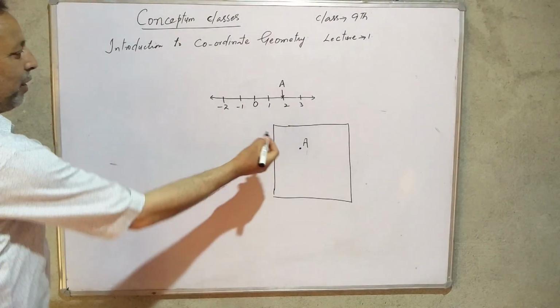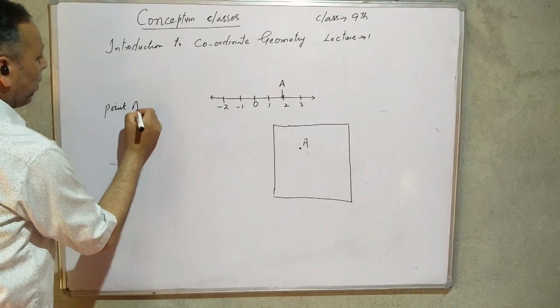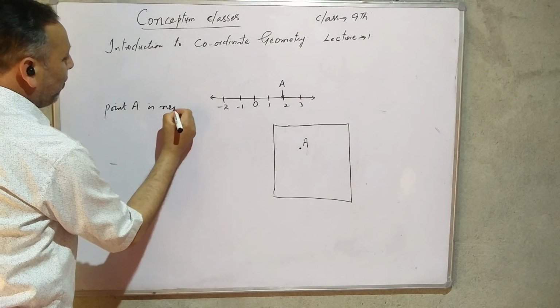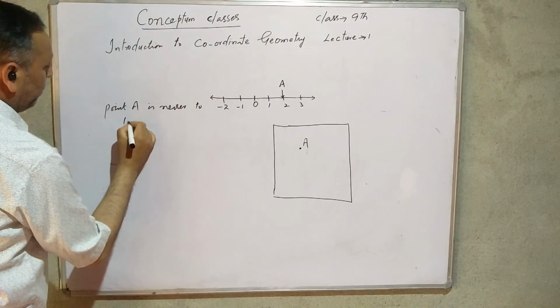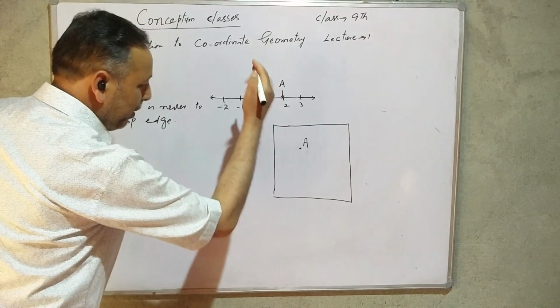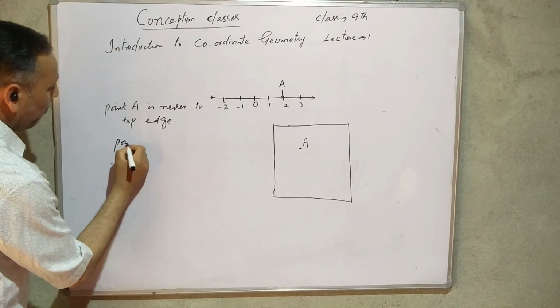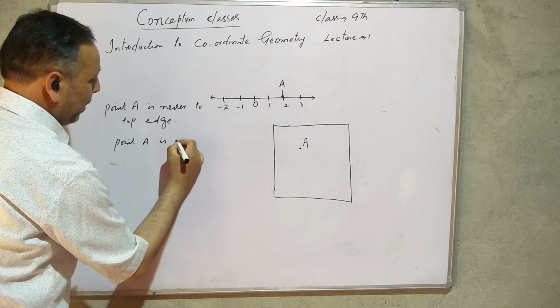You may say that point A is nearer to the top edge. You may say point A is far away from the bottom edge.